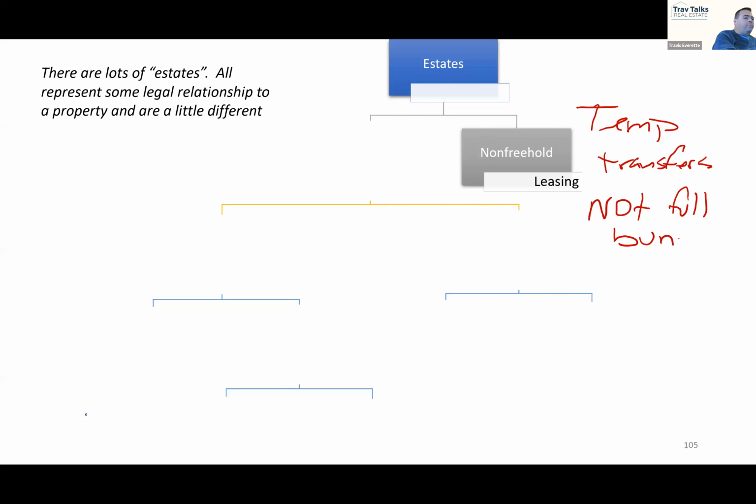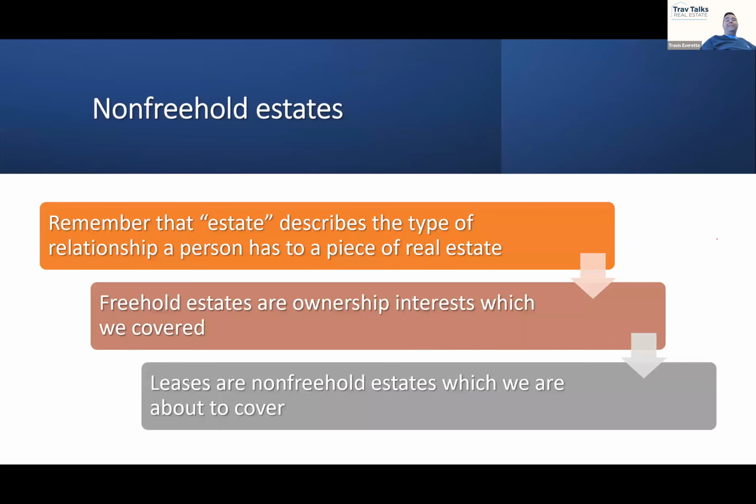What right is left along the wayside that is not going to be transferred here? Disposition. Right. So these are temporary transfers of less than the full bundle. Very good. And we call them, in legal fancy terminology, non-freehold estates.